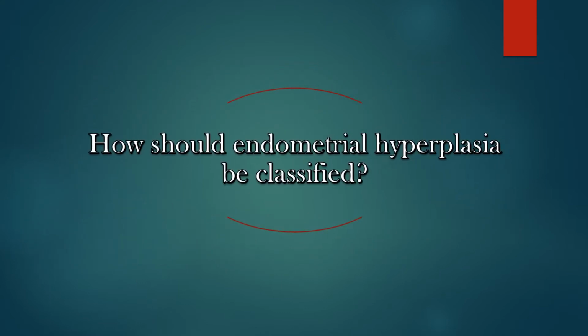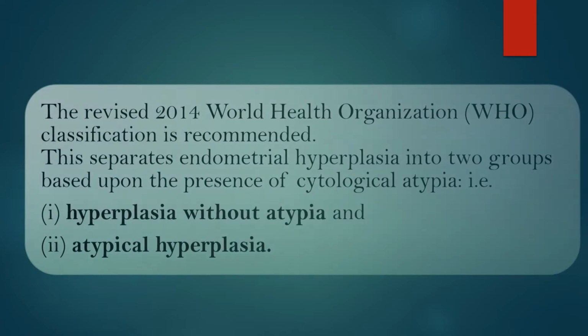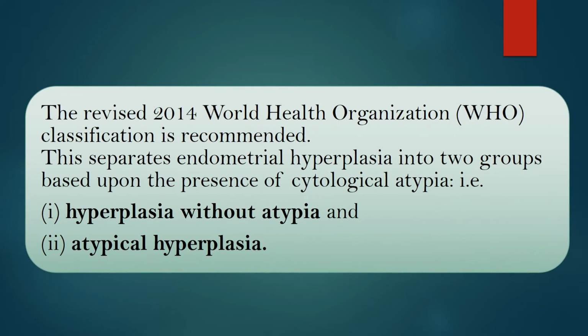How should endometrial hyperplasia be classified? The revised 2014 World Health Organization or WHO classification is recommended. This separates endometrial hyperplasia into 2 groups based upon the presence of cytological atypia: hyperplasia without atypia and atypical hyperplasia.